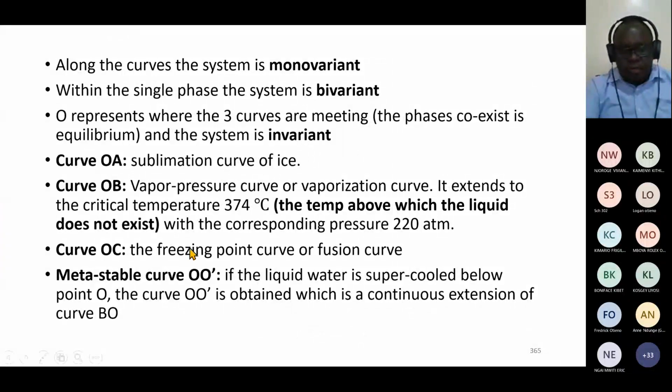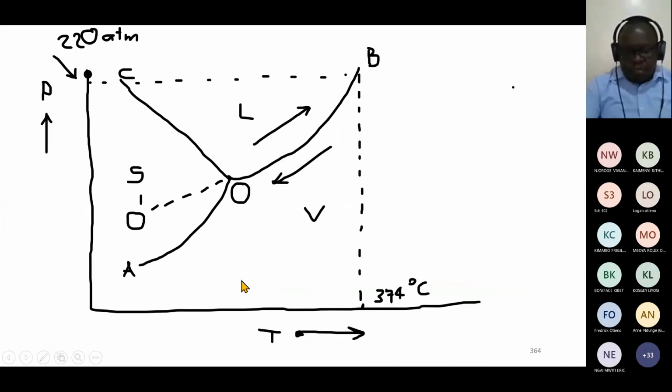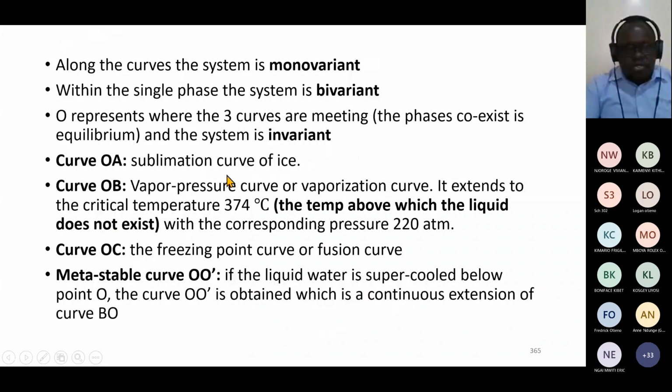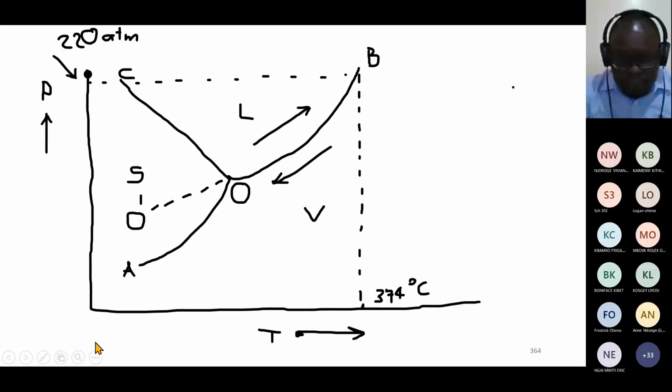Now there's another curve in that diagram. It is this curve here, from O to O prime. It is this dotted line. Now this dotted line is called the metastable curve, OO prime. This curve results if liquid water is supercooled below 0 degrees.